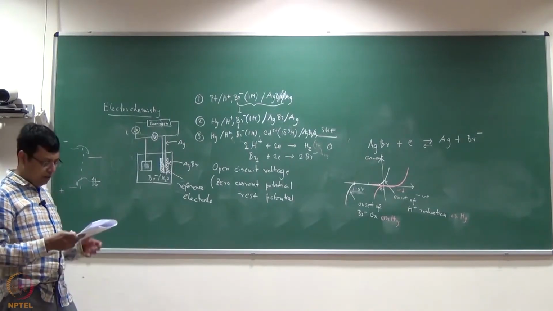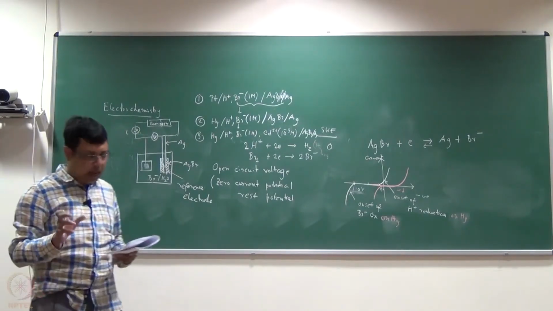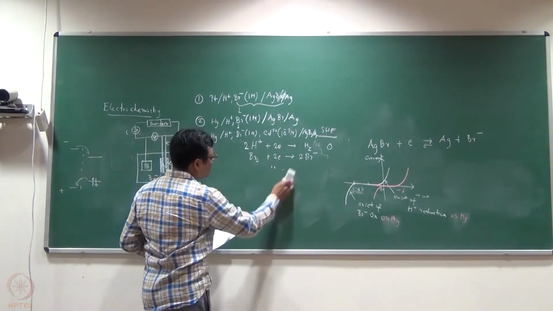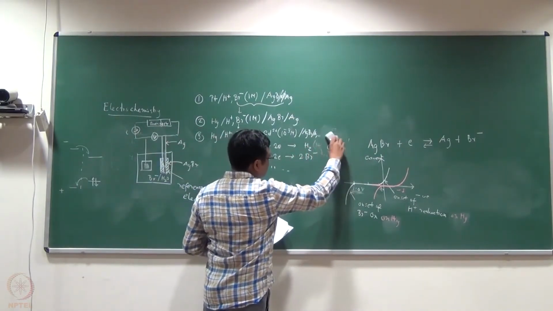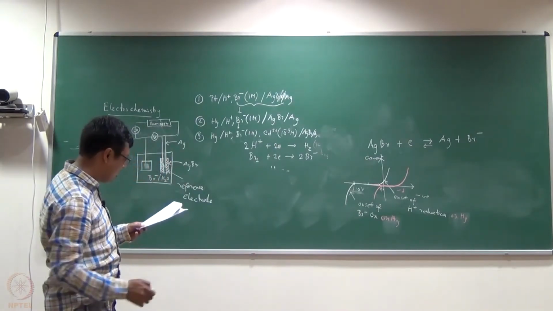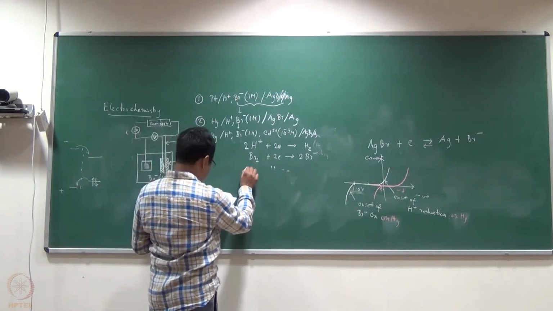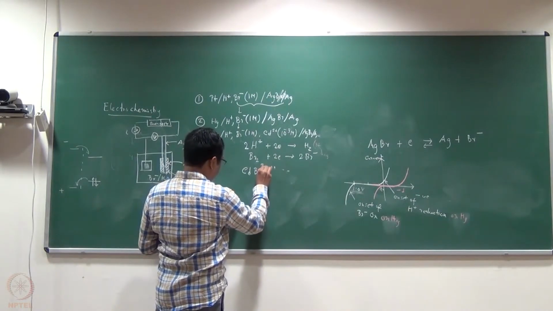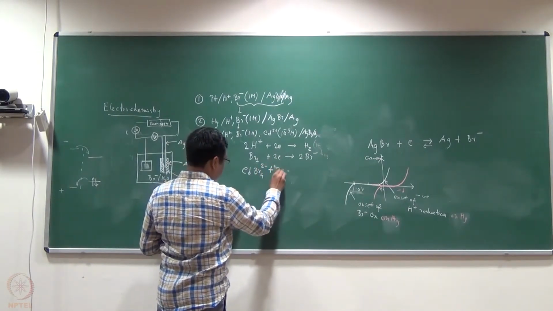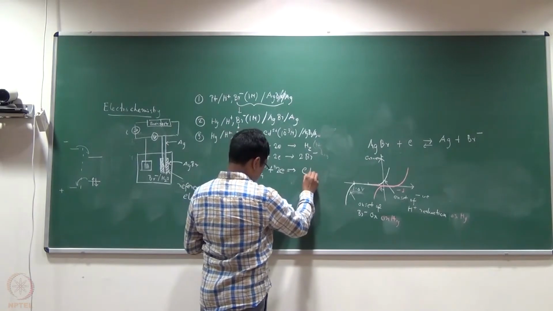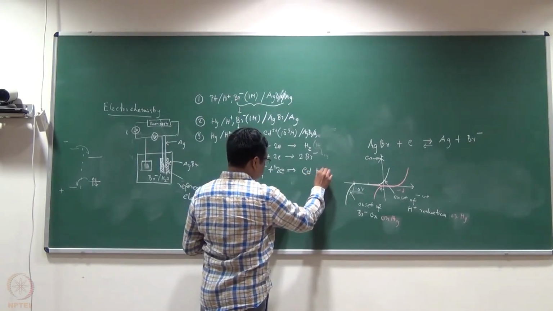Now, the interesting thing is that apart from these two reactions, I can also have a third reaction, which is something like this: Cd2+ plus electrons gives Cd.